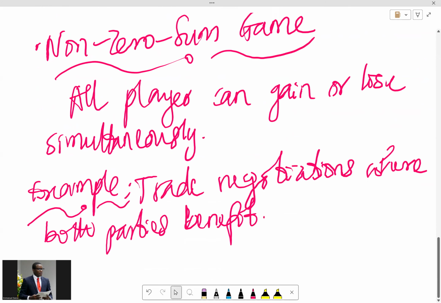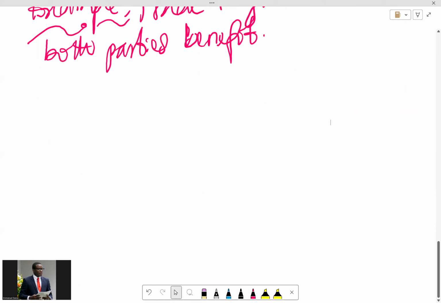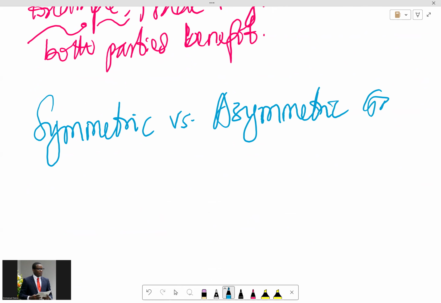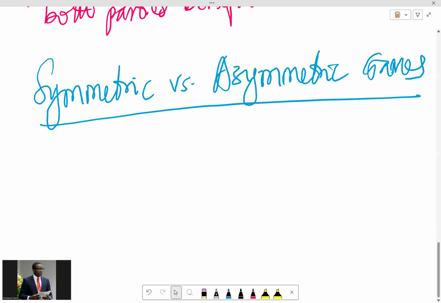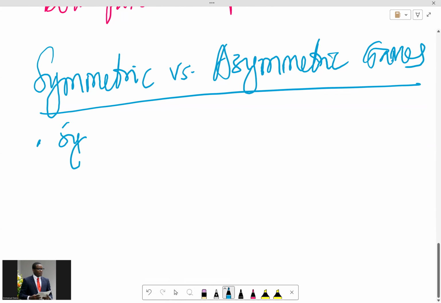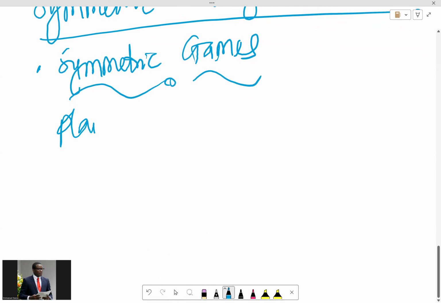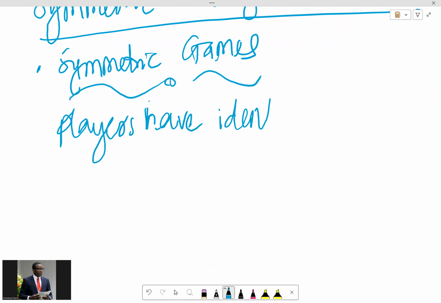Then we can also talk about symmetric versus asymmetric games. First of all, symmetric games. Here, players have identical strategies and rules.